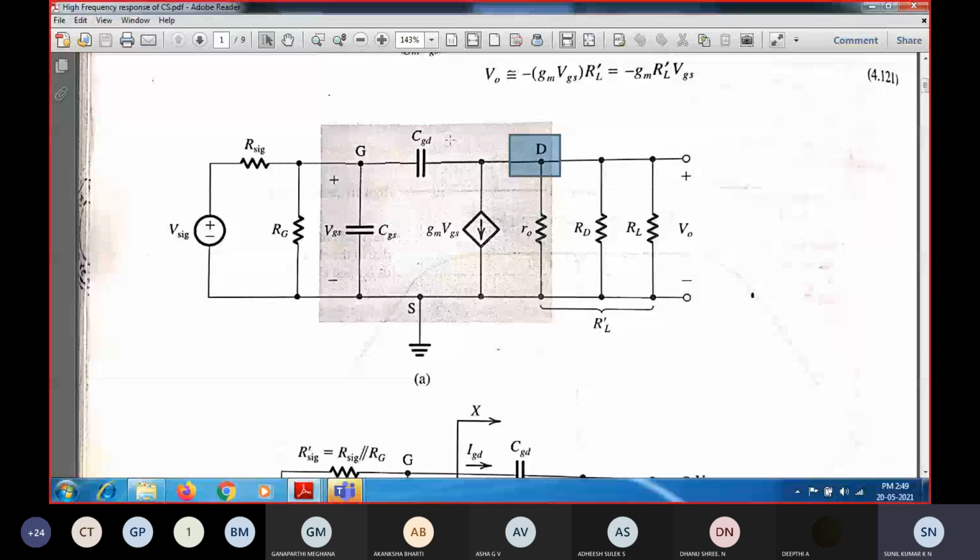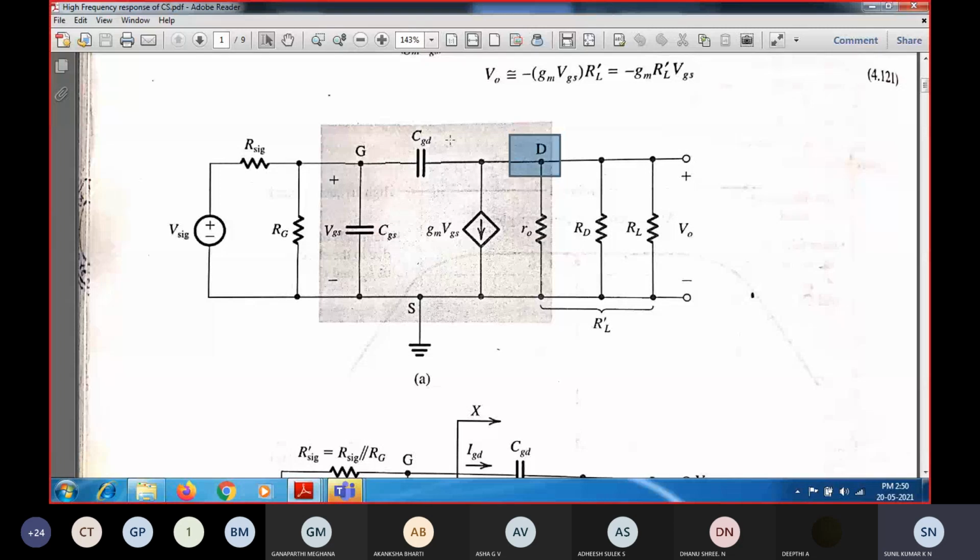Since it acts like a feedback path, we cannot directly take this CGD as connected only with respect to the input, or consider it completely as an output, because the current will be flowing between the gate and the drain as well as between the drain and the gate. So what we should do is find out the current flowing between the gate and drain.